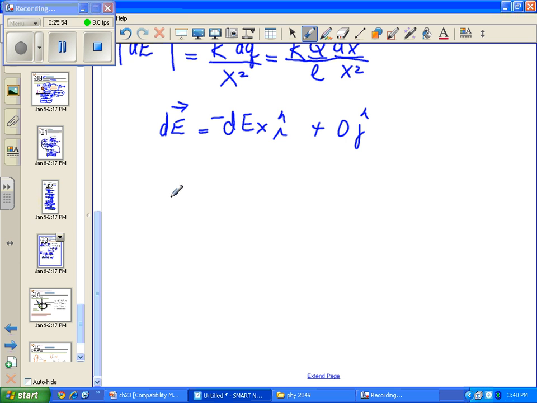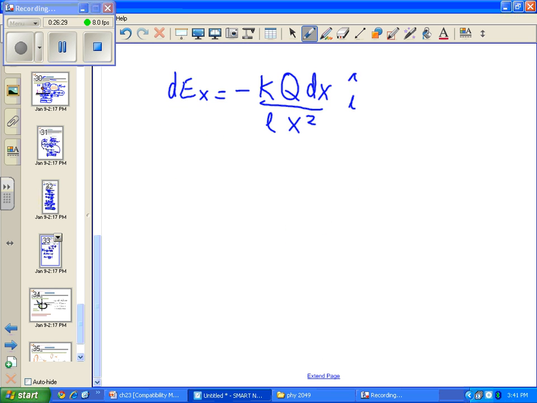So now my task is to determine dEx, and then I'll know that dE is the negative of that value. Because dE lies entirely along the x-axis in the negative x direction, dEx is negative, it's entirely the magnitude of the vector, kQ dx over L times x squared.